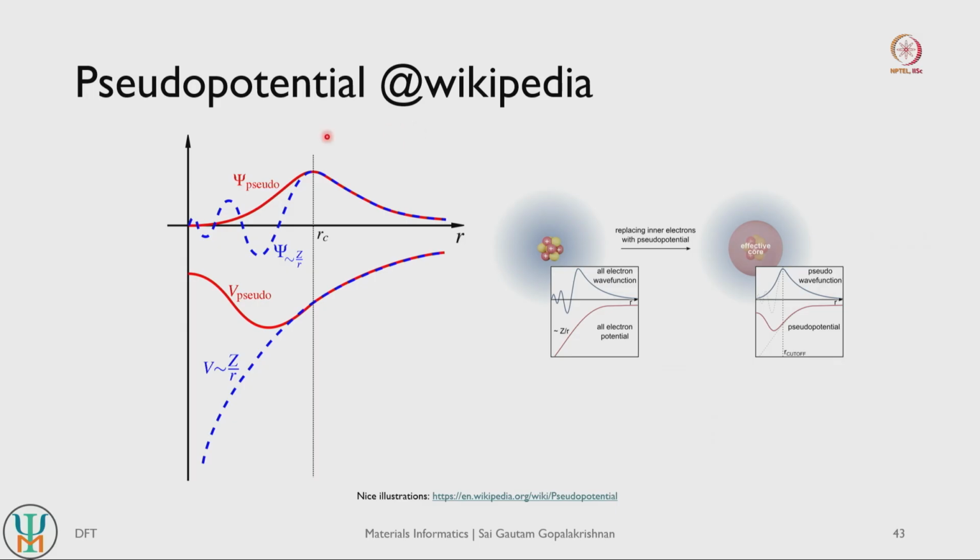Just to note that pseudo potentials actually have a lot of nice illustrations in this Wikipedia page itself, right. The write up is also quite nice. So if you are curious as to how pseudo potentials are constructed, what kind of losses are minimized, I highly encourage you to go to this Wikipedia page. They also have some very nice illustrations, right.